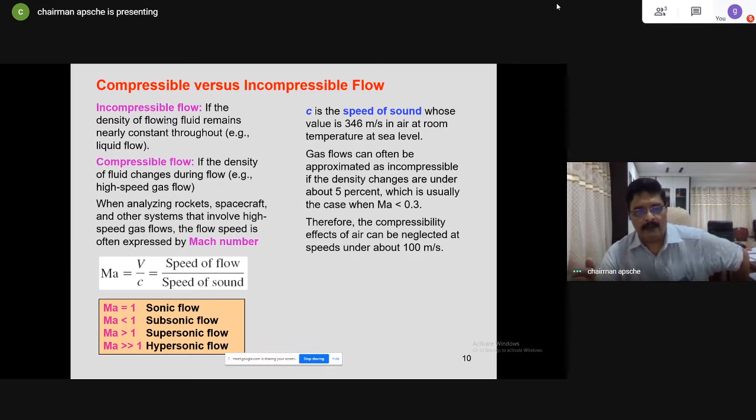And for all speeds greater than the velocity of sound, I call it supersonic, and hypersonic is for very high Mach numbers. The Mach number is a ratio of the velocity of the fluid flow to that of the velocity of sound.